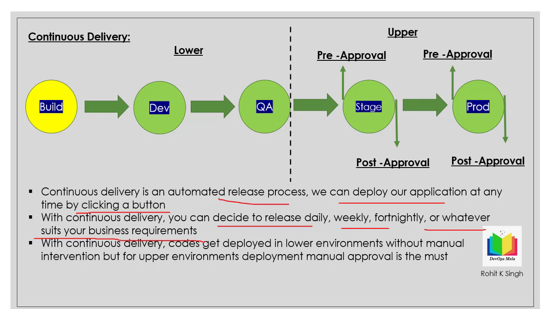So mostly 70% of the time they follow the continuous delivery model, wherein they have a bi-weekly release, quarterly release, fortnight release, monthly release, 3 months release. So they tend to follow the continuous delivery method. And why exactly do they follow continuous delivery? Because of monolithic applications.